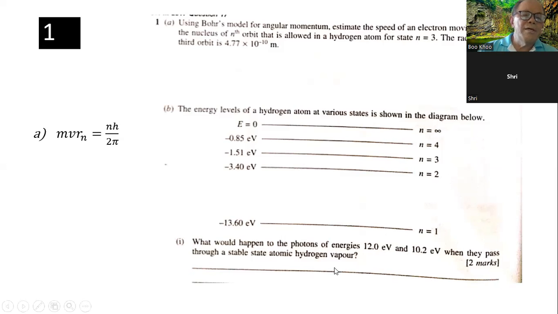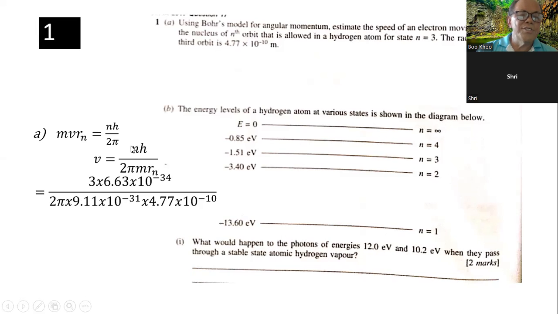That's the formula to use. You want to estimate the speed of the electron in the third orbit. So take your r and m down, put in your value. n is 3, h is Planck constant, get it from your value of constants, and 2 pi, mass of electron. That one is r, given there.